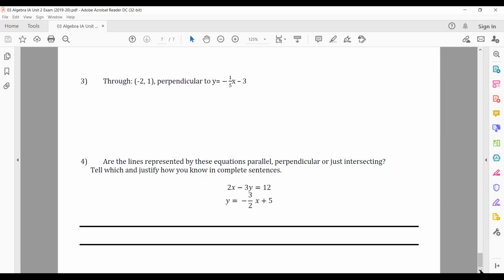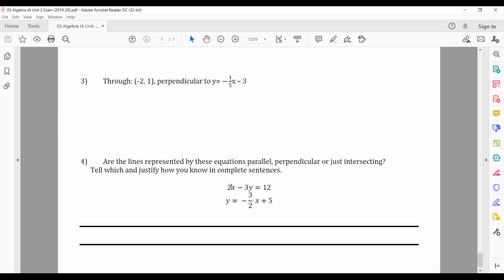Slope's the defining feature of whether it's parallel or perpendicular. Parallel lines have the same slope. Perpendicular lines have negative reciprocal slopes. So no matter what the equations say, if you concentrate on identifying the slope and comparing those, you will know if those lines are parallel or perpendicular or just intersecting.